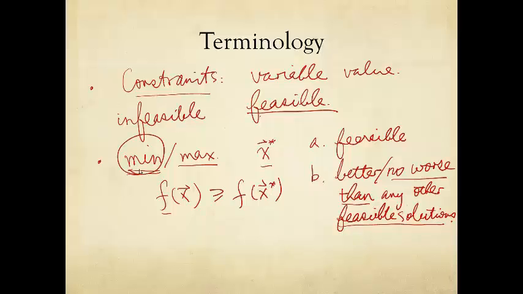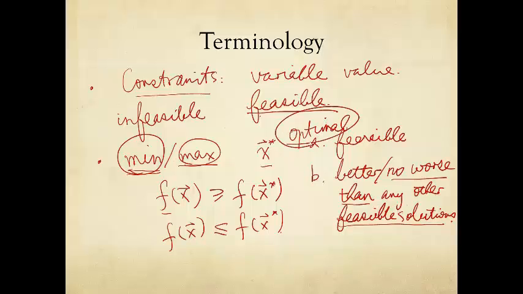That's if you are minimizing an objective function. Of course, if you are trying to maximize a function, then bigger is better. Then we say f evaluated at x star for this objective function will give you a value for the problem that is at least as big as for any feasible x vector. This we then call an optimal solution.